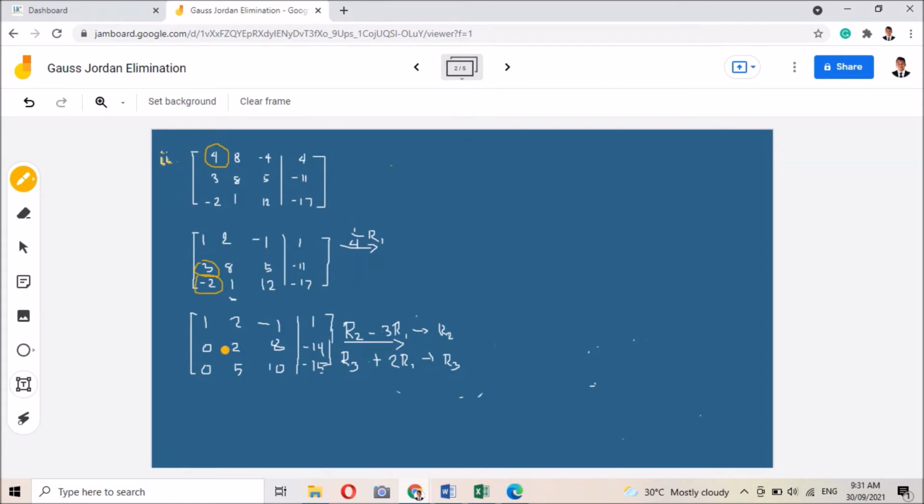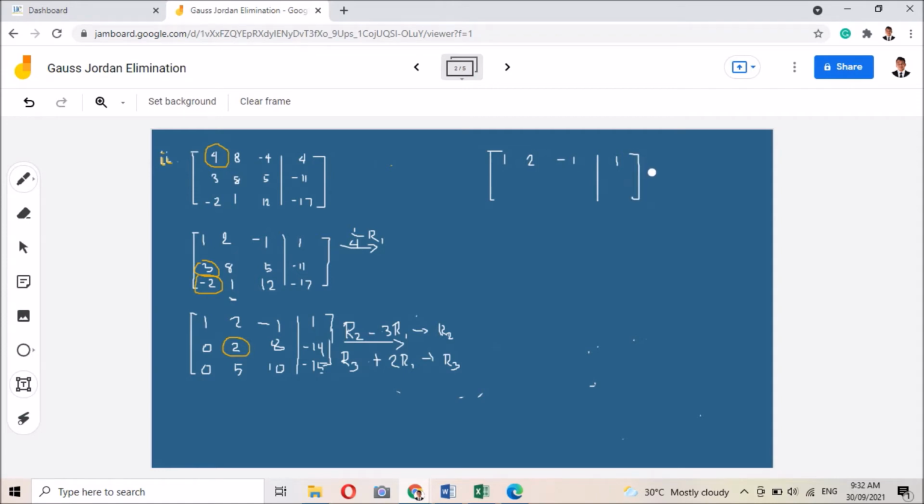Next, since we already have the entries 1, 0, 0, the next thing is to make the leading entry equal 1 in the second column. We'll multiply row 2 by 1/2. We'll just copy row 1: 1, 2, negative 1, then positive 1.